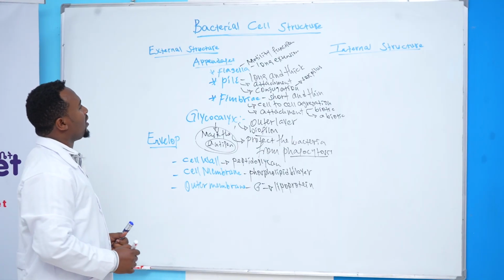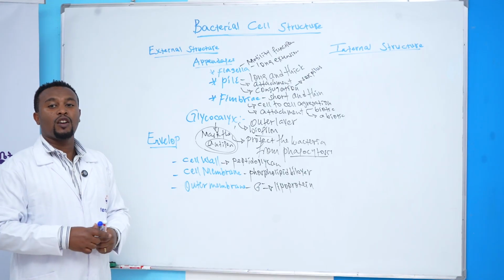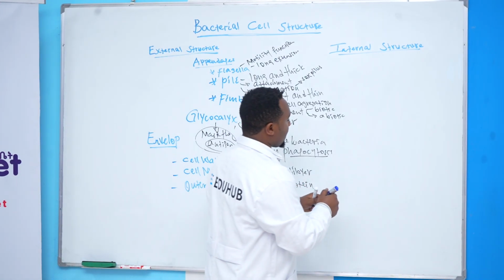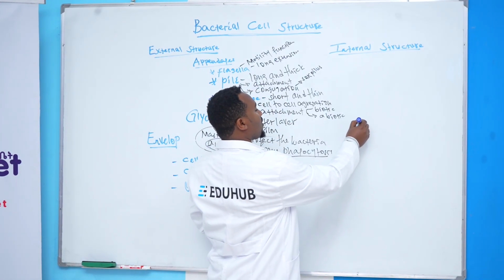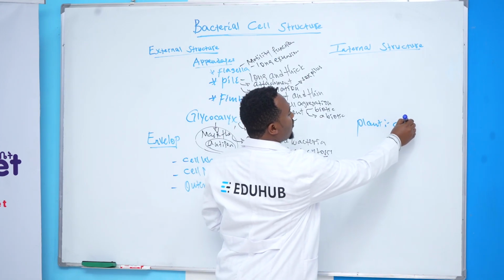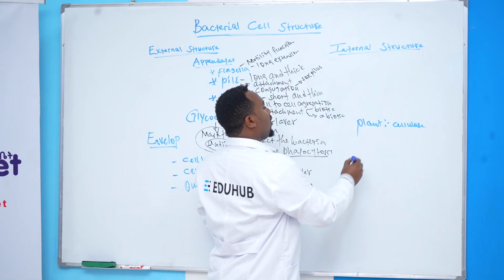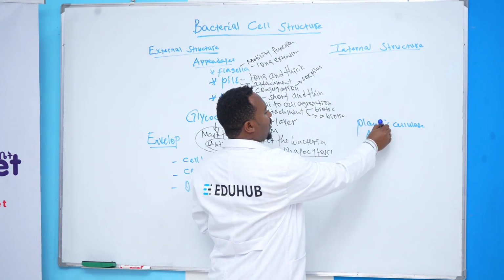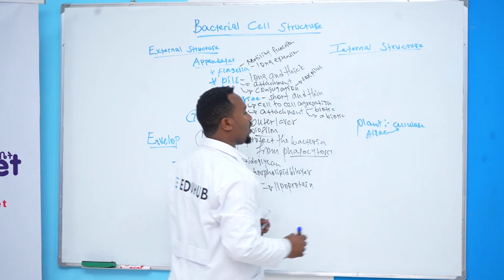In microorganism lessons, we need to know what the cell wall of every microorganism is made of. For example, what is the cell wall of plants made up of? Cellulose. Also, algae have a cell wall made up of cellulose.